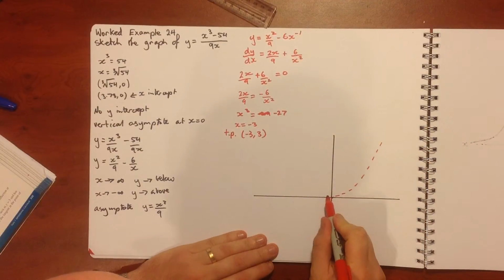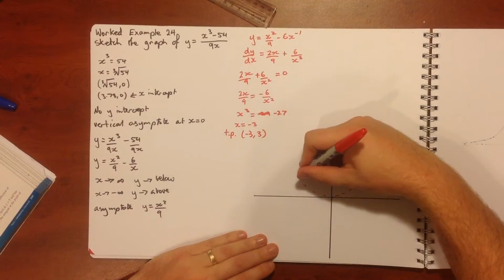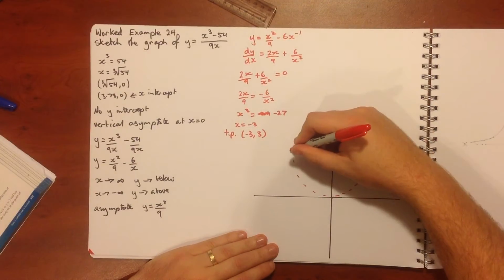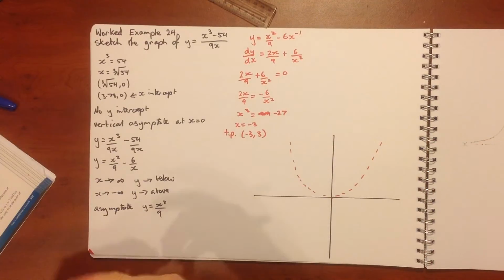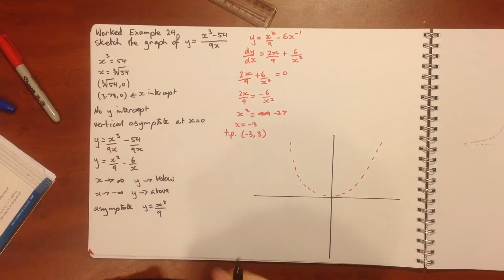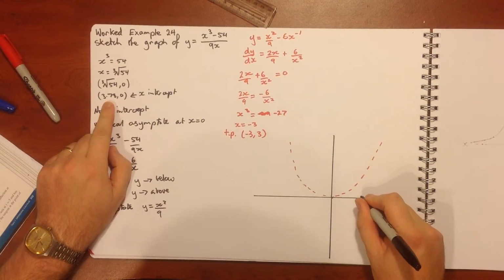Okay, that is our asymptote. So again, I'm doing it as a dashed red line. Hopefully it's something like that. And we know we've got our x-intercept at 3.78, so we could say that somewhere here.